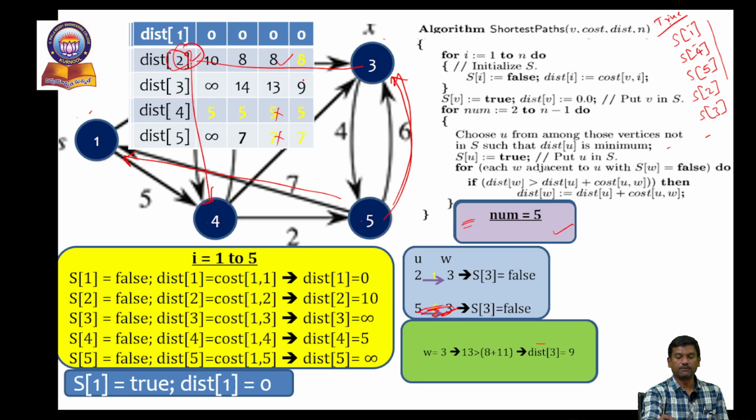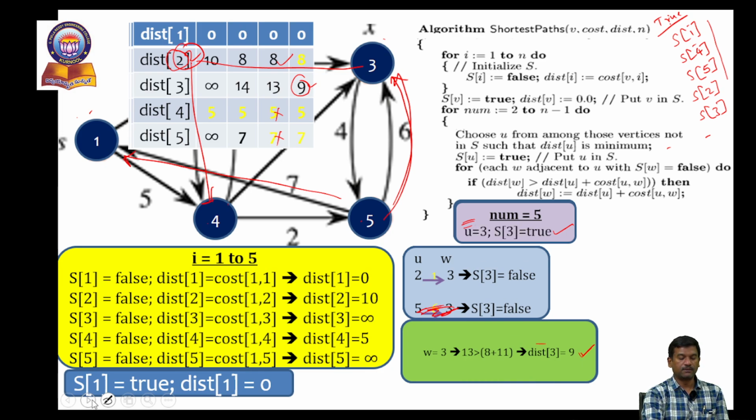So the new updated value of distance of 3 will be equal to 9 based upon the condition that has been included. That is, distance of W is greater than distance of U plus cost of U comma W. If it is a true condition, then update the distance. That is, distance of W is equal to distance of U plus cost of U comma W, and that is what we get. Distance of 3 is equal to 9, and the same thing has been included in these values. So this process goes on.